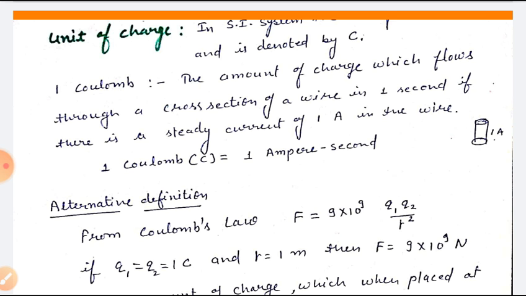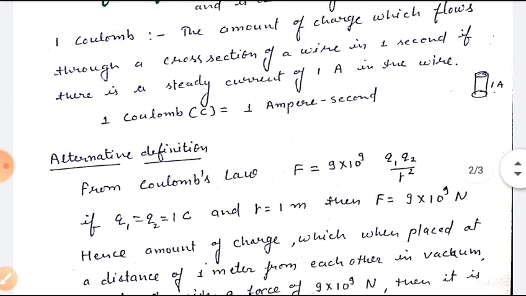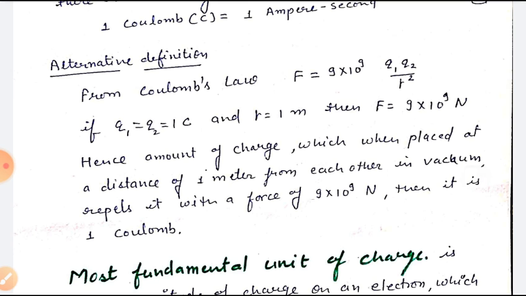It means the amount of charge which, when placed at a distance of 1 meter from each other in vacuum, repels with a force of 9 into 10 to the power 9 Newton, is 1 Coulomb. So this is the alternative definition of the Coulomb.